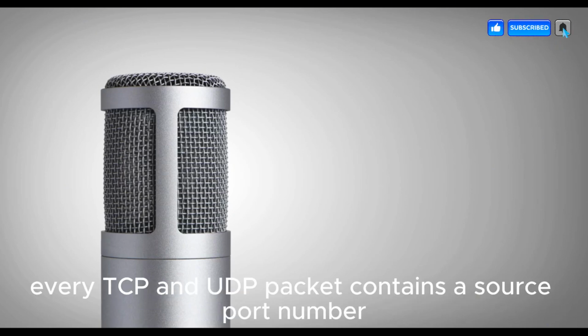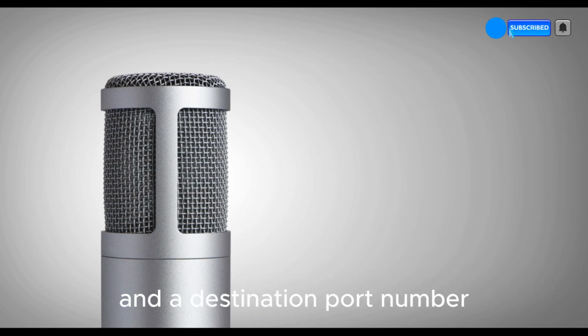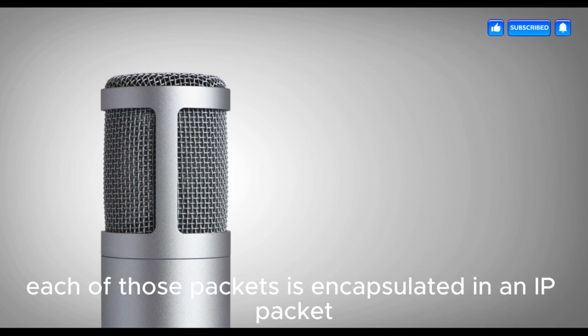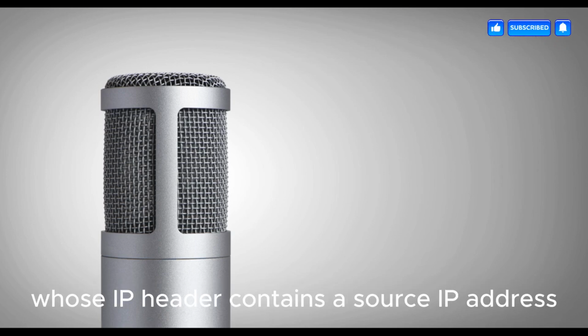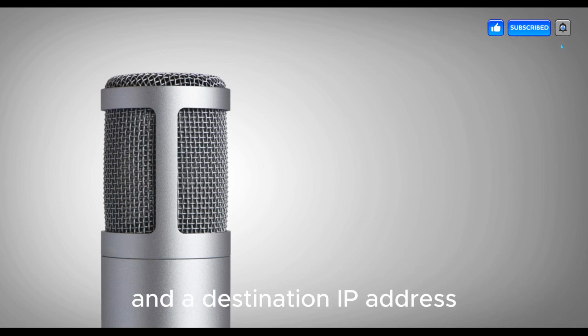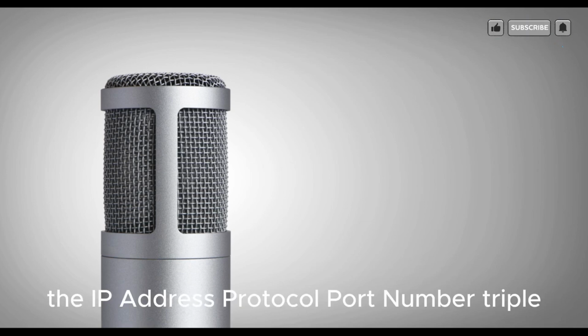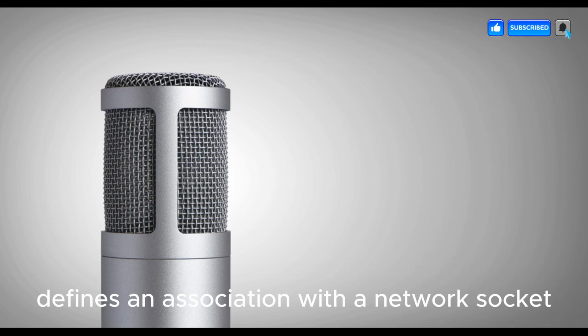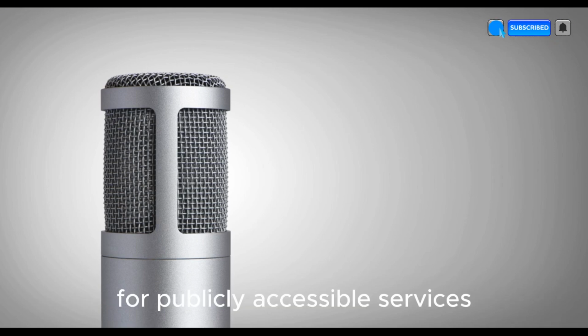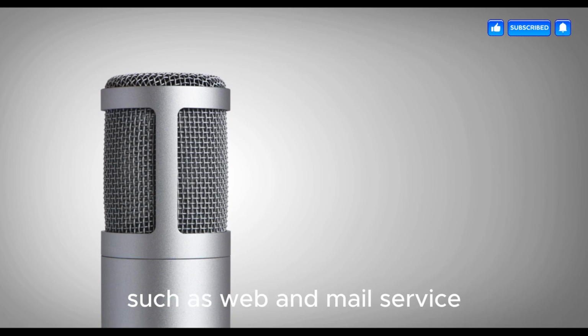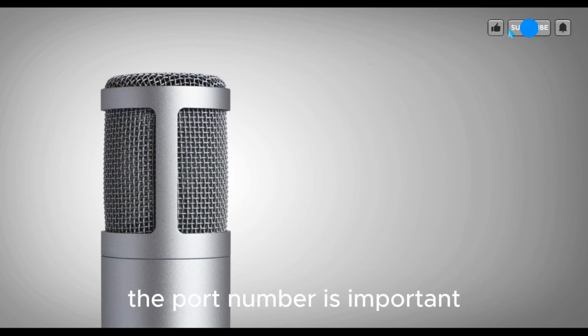Every TCP and UDP packet contains a source port number and a destination port number. Each of those packets is encapsulated in an IP packet whose IP header contains a source IP address and a destination IP address. The IP address and protocol port number triple defines an association with a network socket. For publicly accessible services such as web and mail service, the port number is important.